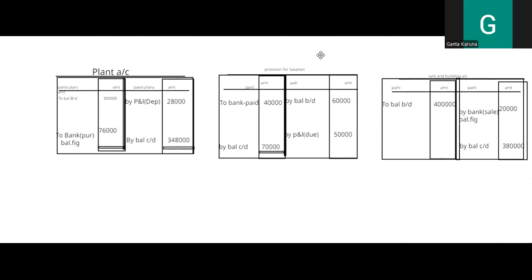So if he is giving made, you will post it on the credit side and the balancing figure you will write as bank. Now, if he is giving paid, then you will write bank on the debit side and the balancing figure you are going to write as by PNL. Apart from these two, you will not have any other thing. So hope it is clear now.